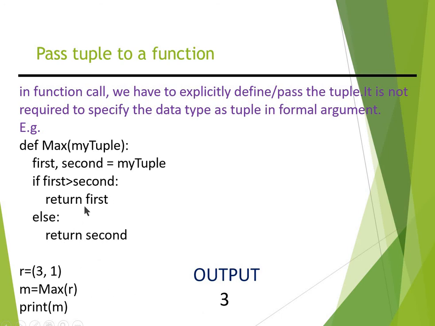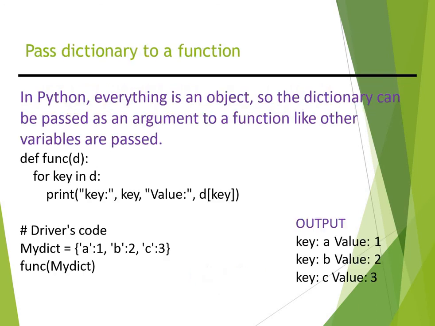Now look at this, it returns 3 only. That return value 3 will be stored in the variable m. So what will be printed? 3 will be printed, because print m only is given. So the value of m is 3. This is passing a tuple to a function.